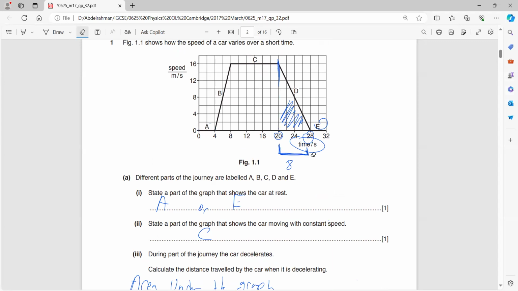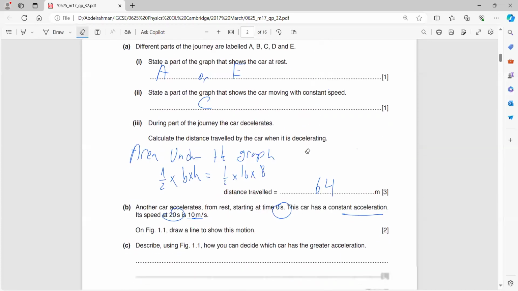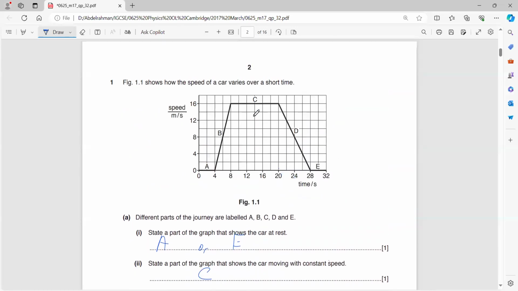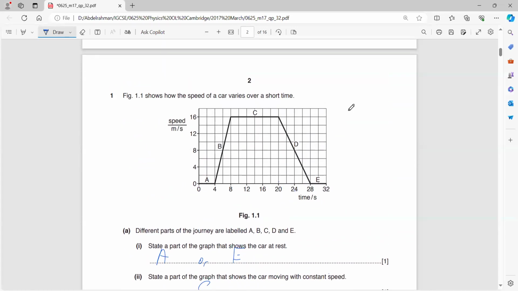Another car starts to accelerate from 0 and reaches a speed of 10 meters per second after 20 seconds. So where's 20 seconds? This is 20 seconds.